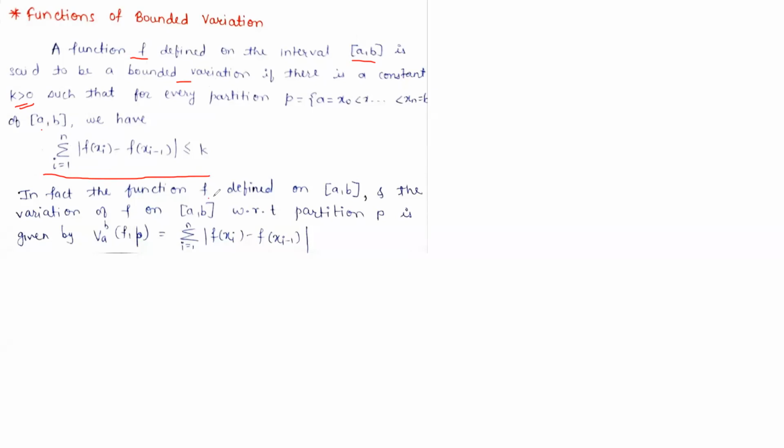Now for this function f defined on the closed interval [a, b], the variation of f with respect to P is given by V(f, P) equal to the summation i from 1 to n of mod of f(xi) minus f(xi-1).